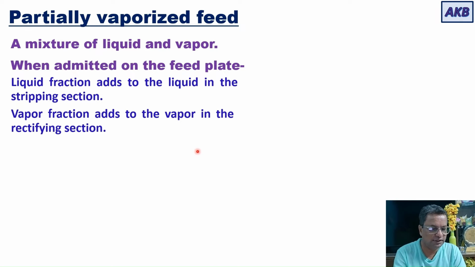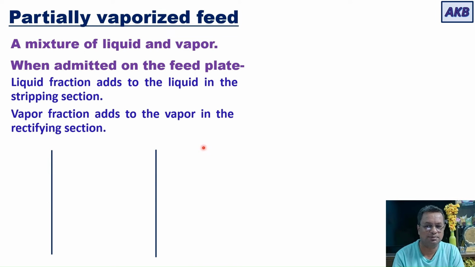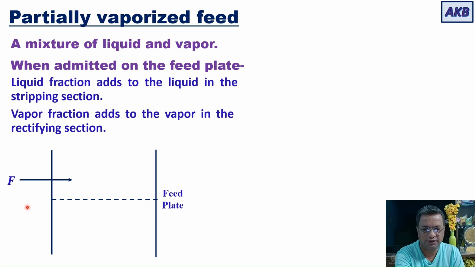So if you have to understand this with the help of a simple schematic diagram, let us do that. So you have the feed plate, and now partially vaporized feed is entering the column. So liquid part of the feed will be going to the stripping section, and vapor part of the feed will be going to the rectifying section.